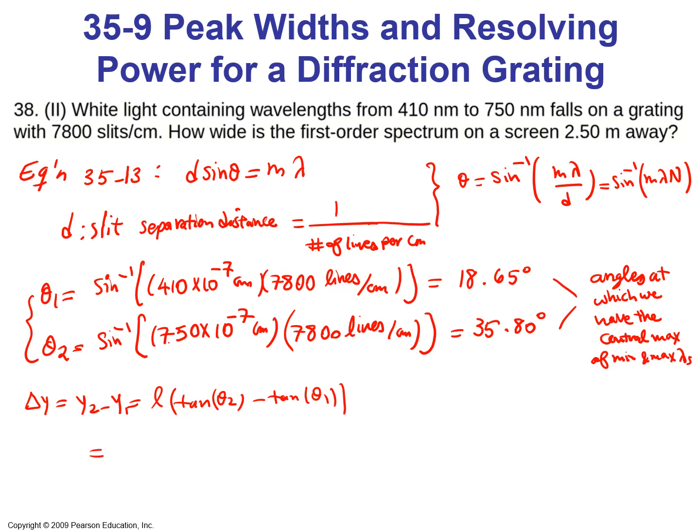Let's plug in the values. So we have 2.5 meters multiplied by tan 35.8 degrees minus tan of 18.65 degrees, and that results in 0.96 meter.